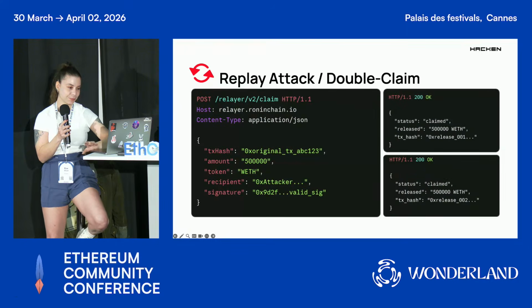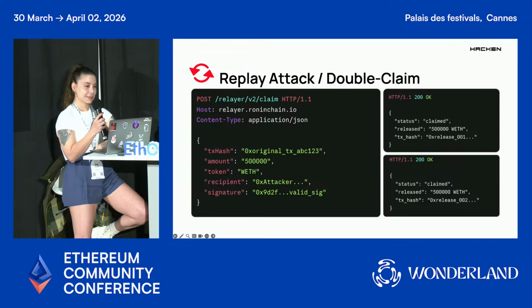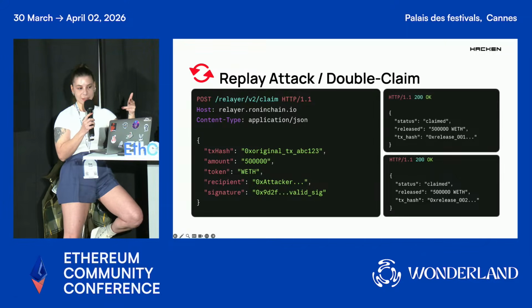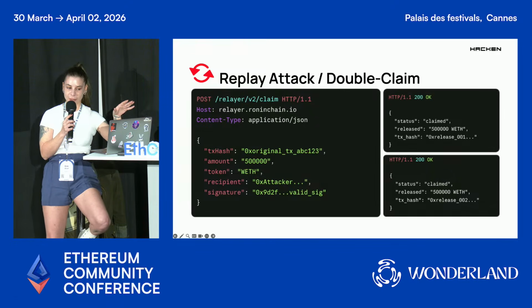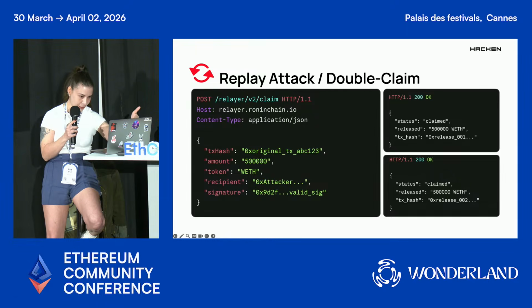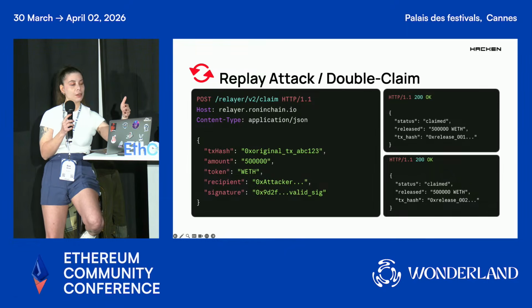Let's walk through this. This is a simple request and response. The real claim exists. The attacker doesn't create a fake one, they just duplicate the same request: same TX hash, same signature, same amount.